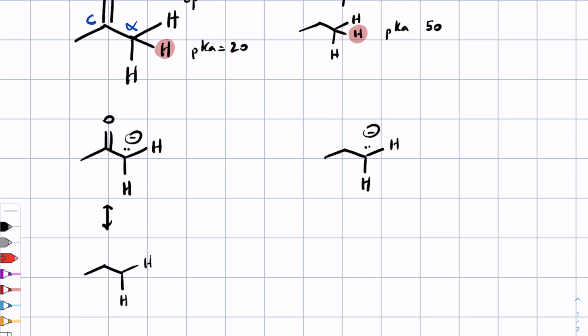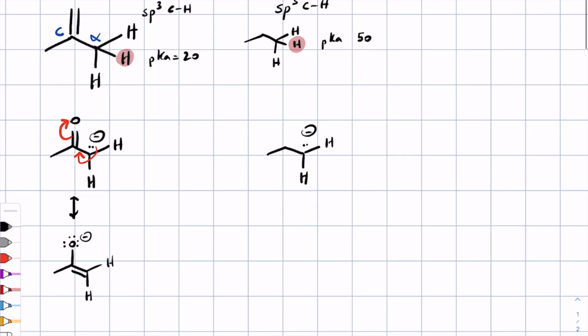We can actually move these electrons to form a carbon-carbon pi bond and then move the electrons from the carbon-oxygen pi bond out onto the carbonyl oxygen. You've probably seen that before, but I don't know that we've ever used it in this sort of explicit way to talk about why alpha protons are so much more acidic than the regular carbon-hydrogen bonds.